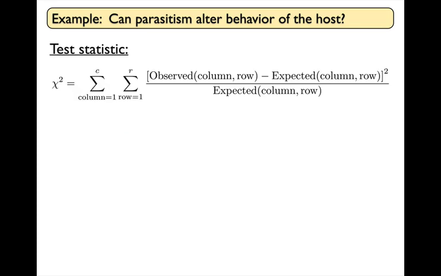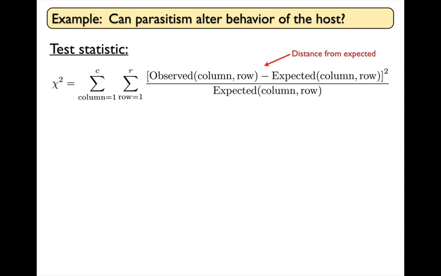So you create what's called a test statistic. Essentially, what this test statistic is has to do with this null hypothesis. This is a measure of your data relative to the null hypothesis. So what you're doing is you sum over the columns and the rows of your table, and in the numerator you subtract the observed and the expected, and you square it. So this is the distance from expected.